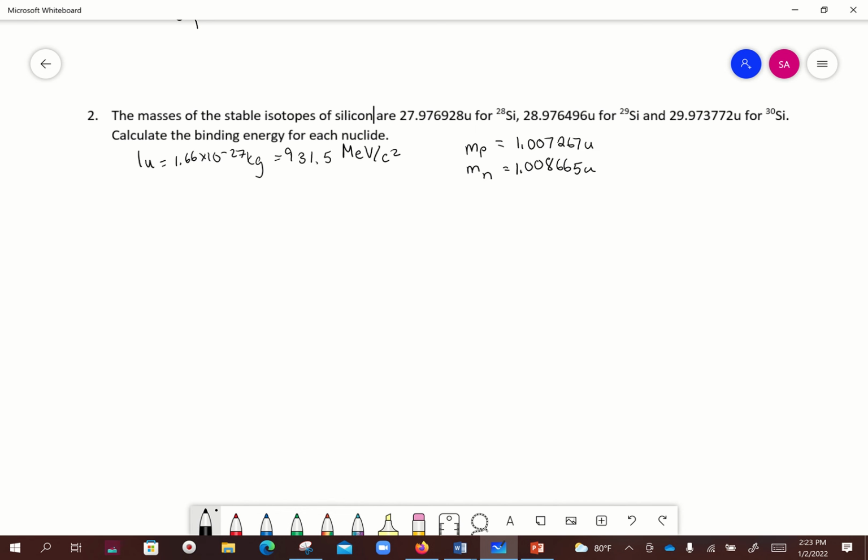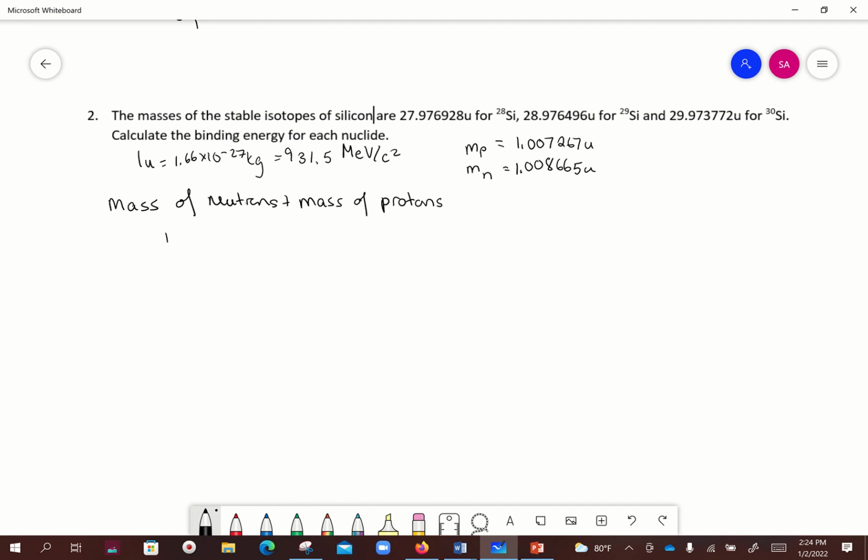All right, so we need to calculate the mass of the neutrons plus the mass of the protons for each one. And then we need to subtract the mass of the stable nucleus from it.